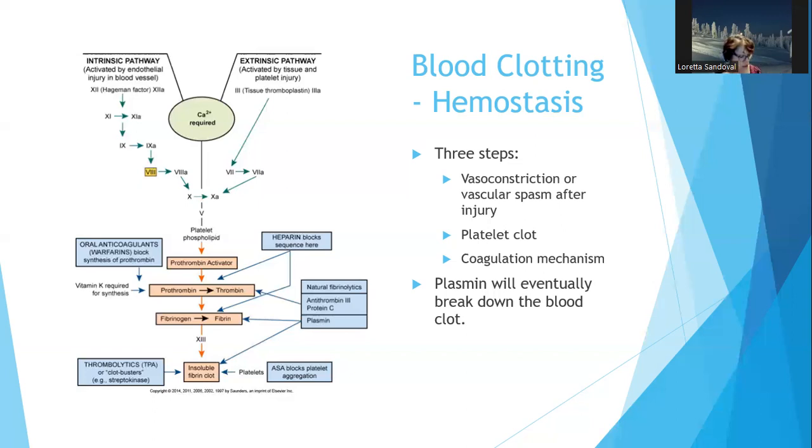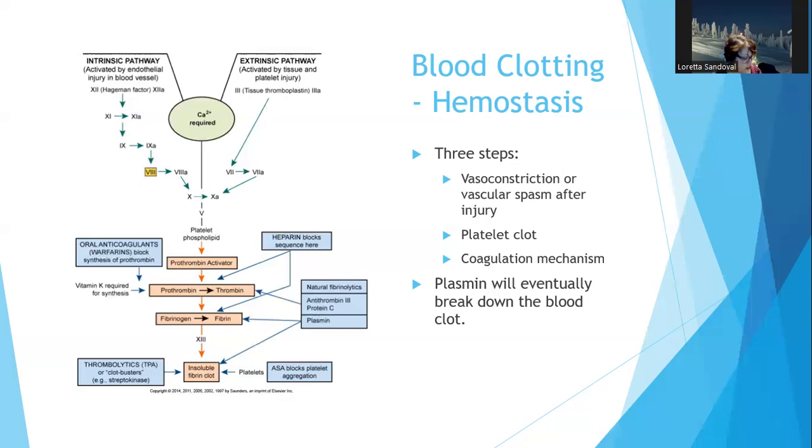The thrombocytes adhere to the underlying tissue at the site of injury, and if the blood vessel's small, the platelet plug can actually stop the bleeding right there. After that, the coagulation mechanism, which is required in larger vessels, takes effect. In larger vessels, you can't plug it all with just a platelet plug. There has to be more that goes on.